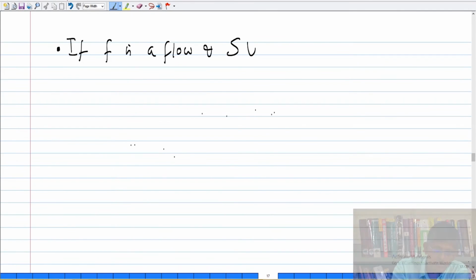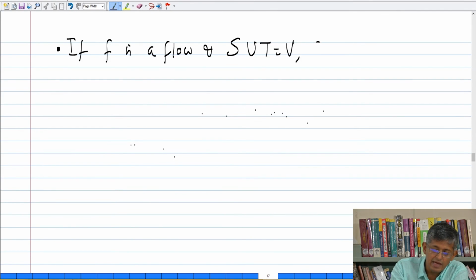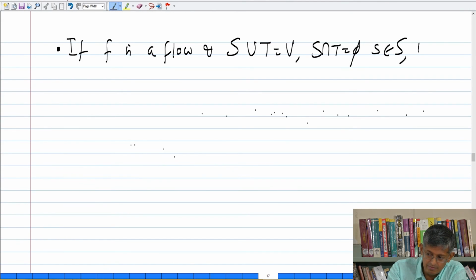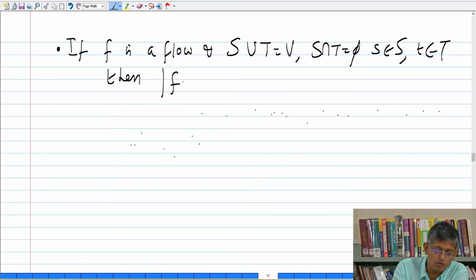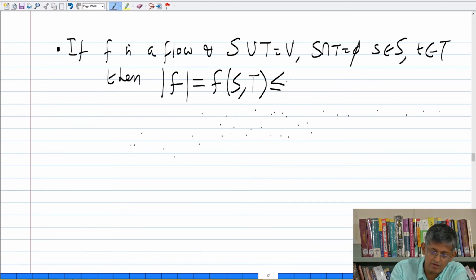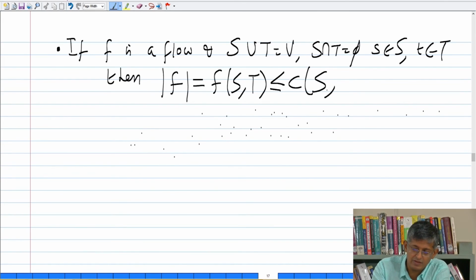If F is a flow and S union T is equal to V, S intersection T is empty, S belongs to S, T belongs to T, then the value of this flow is going to be equal to F of S comma T. This is less than or equal to the capacity of this ST cut.